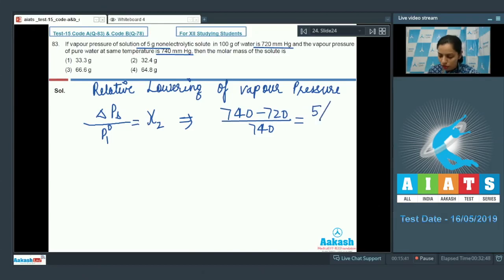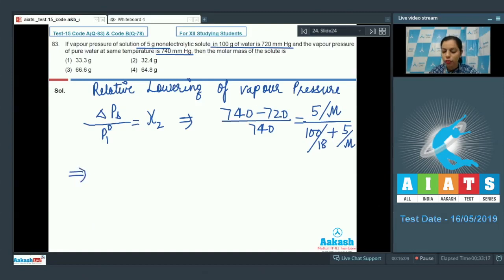So 5 divided by M, let's assume the molar mass is M, divided by the total number of moles present in the solution. How do we find it? We know that the weight of the water present in the solution is 100 gram. So the moles of the solvent are 100 divided by its molar mass, 18, plus 5 by M. Just solve this.